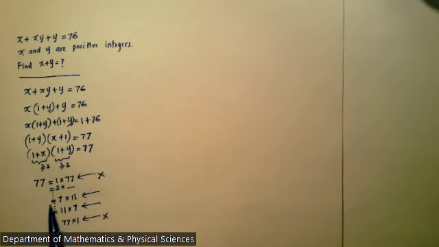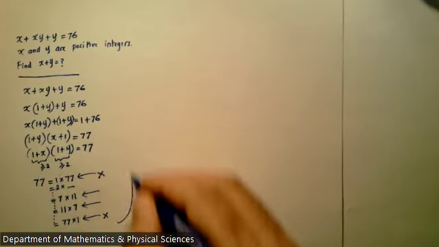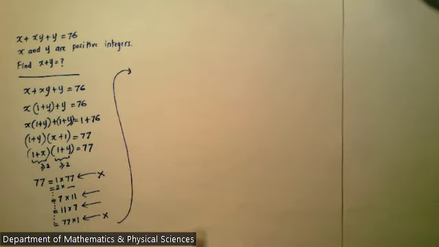Then the only possibilities are 1 plus x to be 7 and 1 plus y to be 11, or 1 plus x to be 11 and 1 plus y to be 7. Let's write those down.